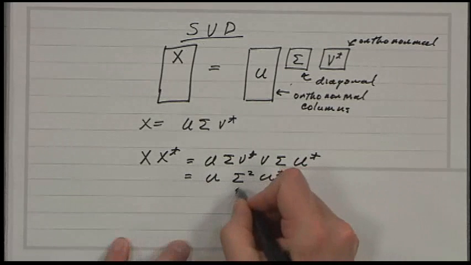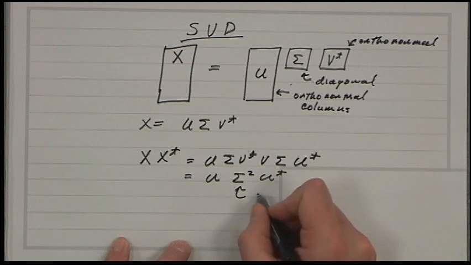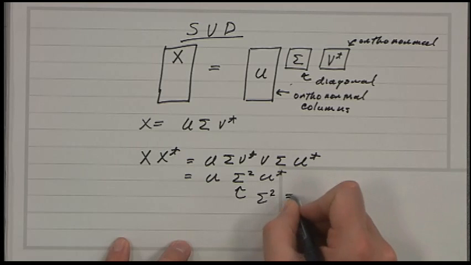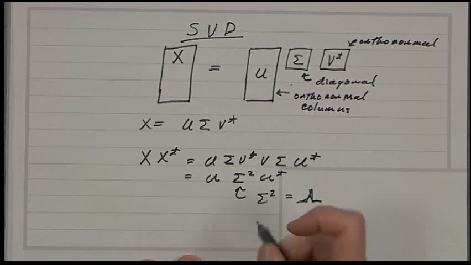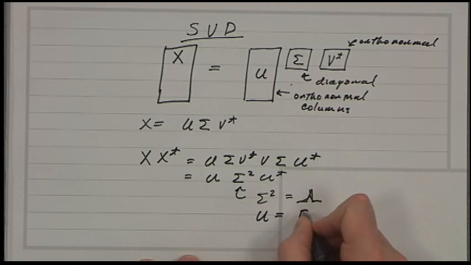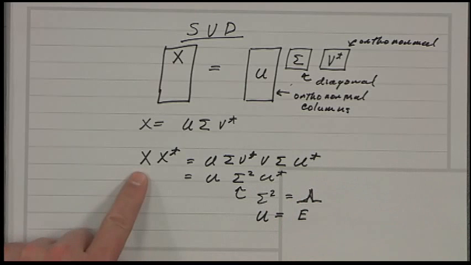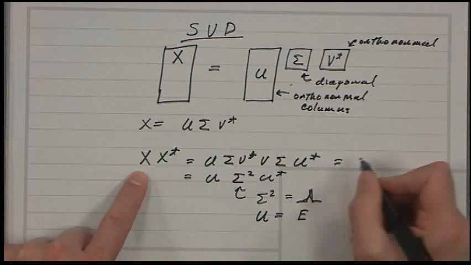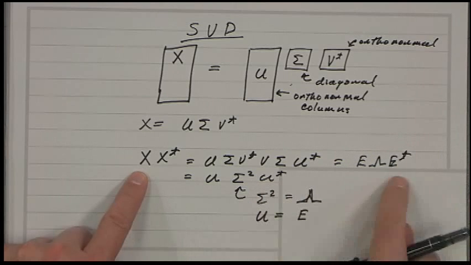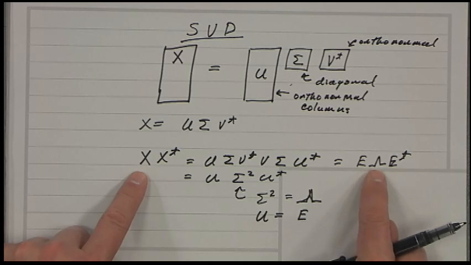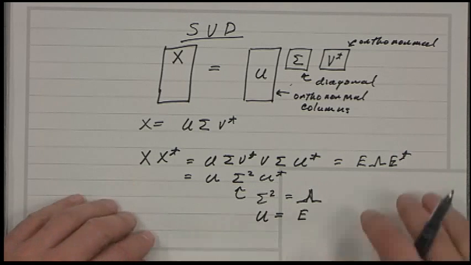What this tells you is that sigma squared equals lambda, and U equals E. So for this matrix, the eigen decomposition would be E lambda E transpose. U is going to be the eigen transform, and lambda is computed by sigma squared.